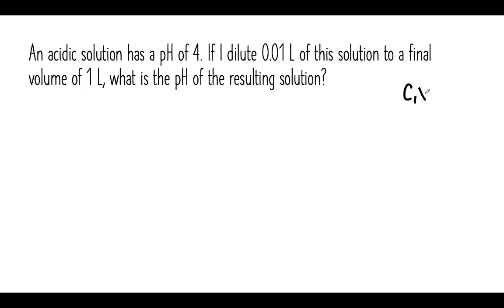Instead of giving us all the values for C1 V1 equals C2 V2, like we've seen before, they're giving us the pH of 4, a volume that we can say is V1, and a volume that we can say is V2. We don't have the concentration of C1 yet, and we don't know the concentration of C2. But because I'm given the pH of C1, I can find the concentration of that solution.